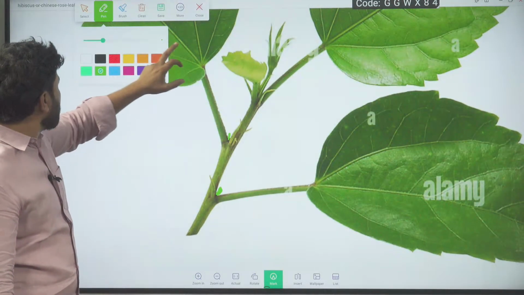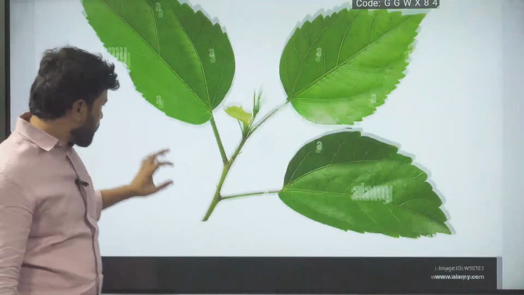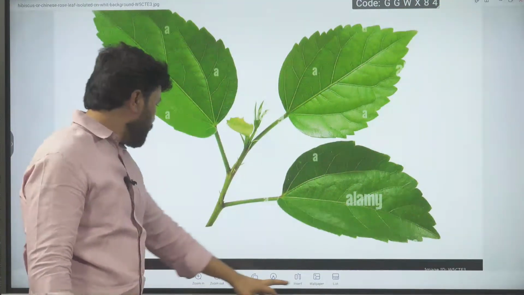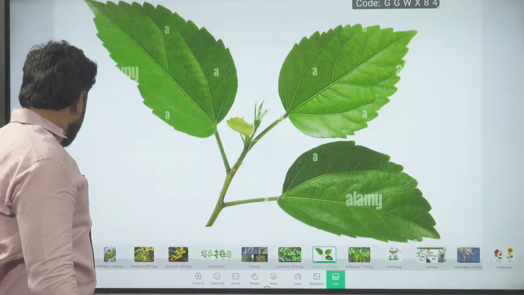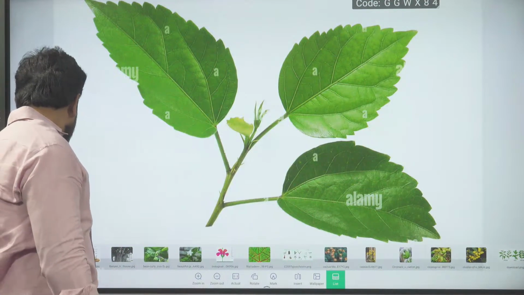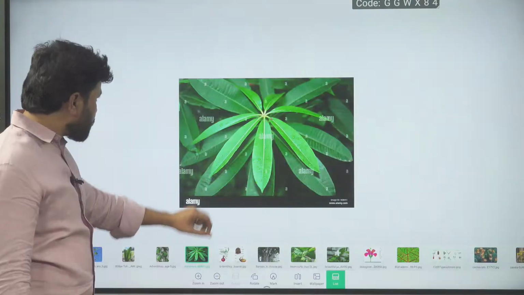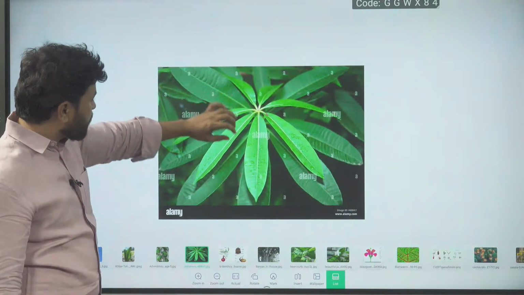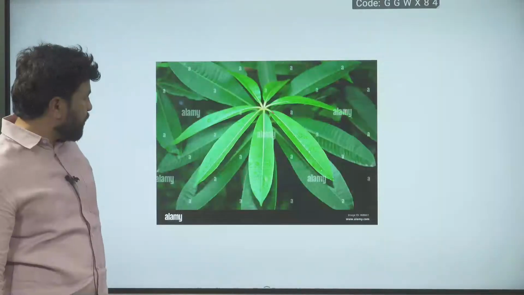Then what about the compound leaf? Take a compound leaf over there. Earlier I told you there is a silk cotton, bombax.